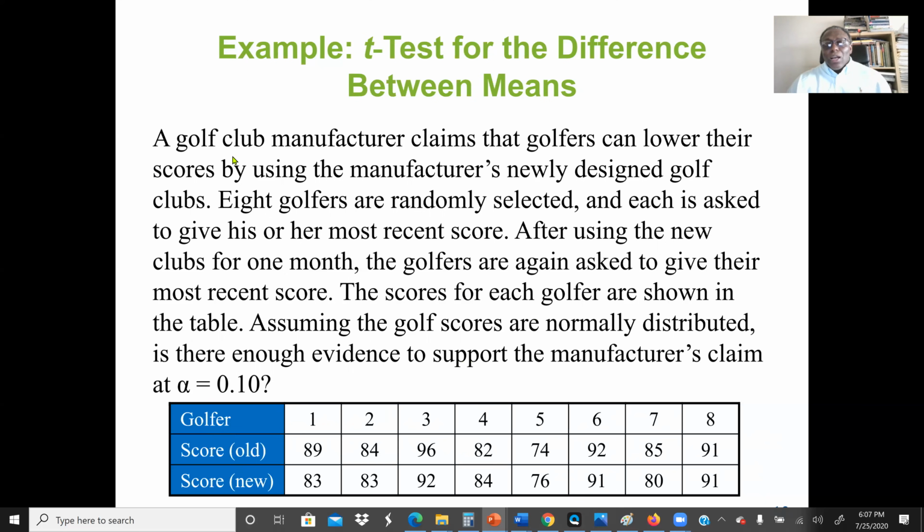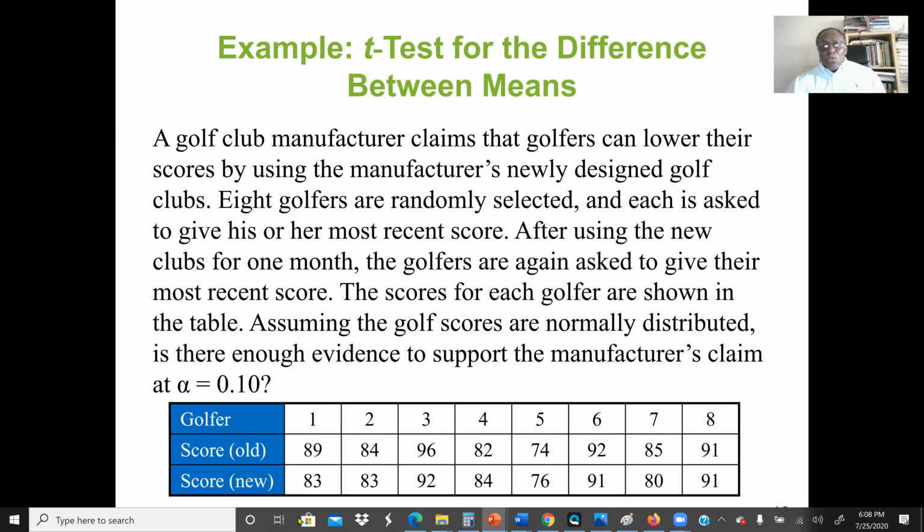The manufacturer claims that golfers can lower their scores by using the manufacturer's newly designed golf clubs. So 8 golfers are selected. They give them the new golf club. They use it, they record their score, and later they give them the old one, which is a little bit older, and they record that score again.